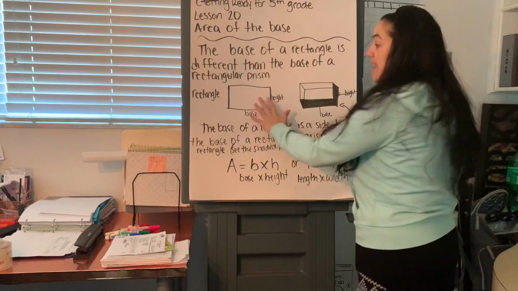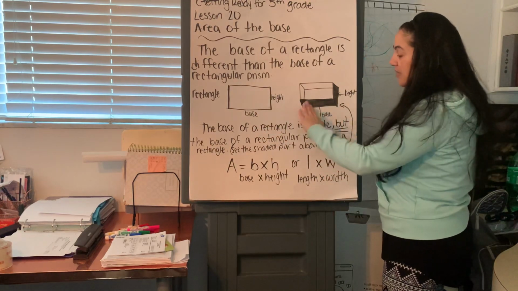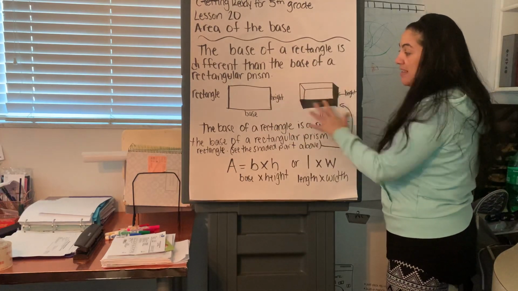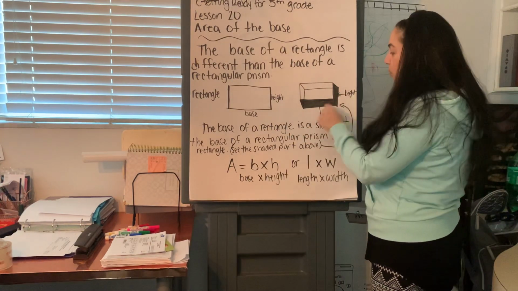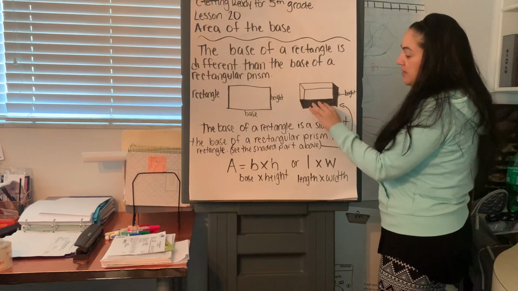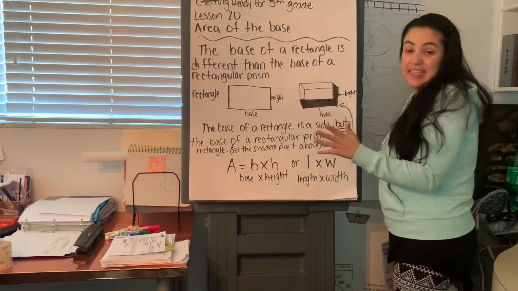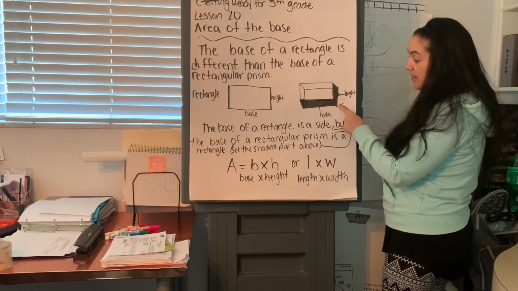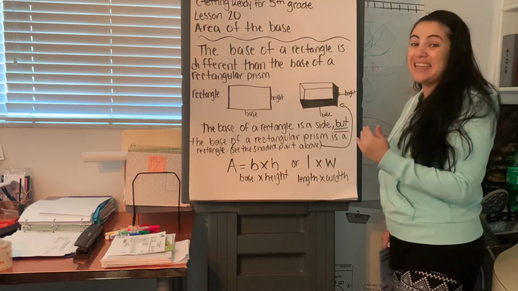Now what you're doing is taking this whole figure and see how this shaded part is this figure, but in this entire figure, we're going to be looking only for this area, which is as simple as finding the one base and the height, and that would give you the side of that figure.